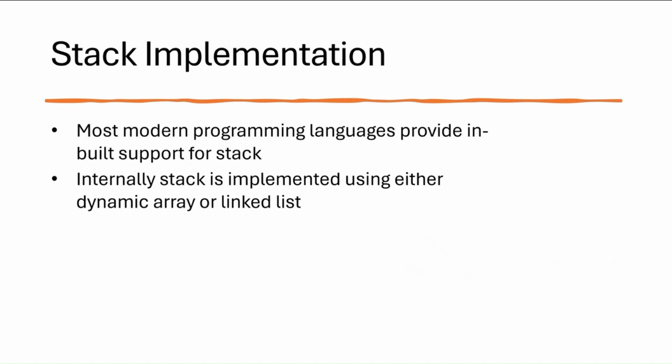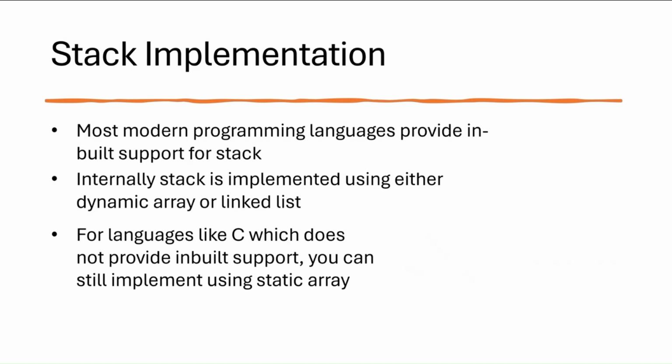But when we use the stack data structure using the inbuilt library, only the methods which are relevant to the stack are exposed, like pushing the element to the top, removing the element from the top, getting the top element, or checking whether the stack is empty or full. Other capabilities of arrays and linked lists are not exposed through the inbuilt library through which we use the stack in our program.